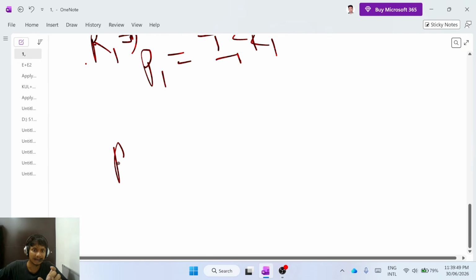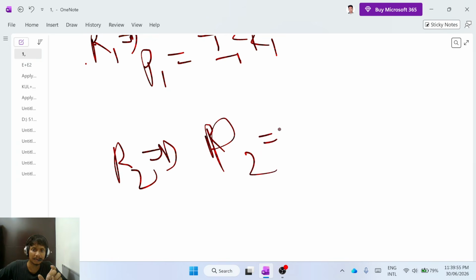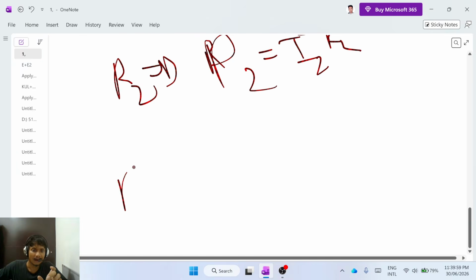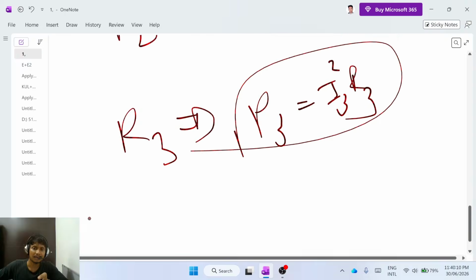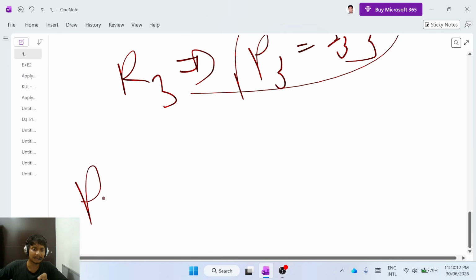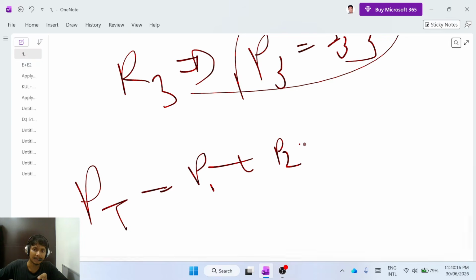At R2, P2 is equal to I2 square R2. At R3, P3 is equal to I3 square R3. Therefore, total power dissipation is equal to P1 plus P2 plus P3.